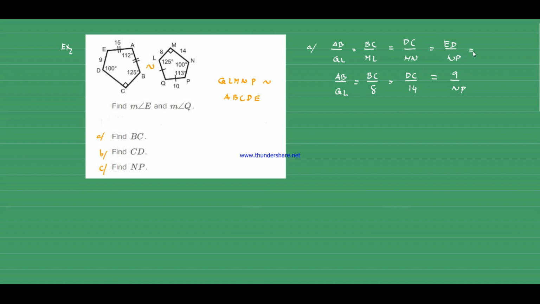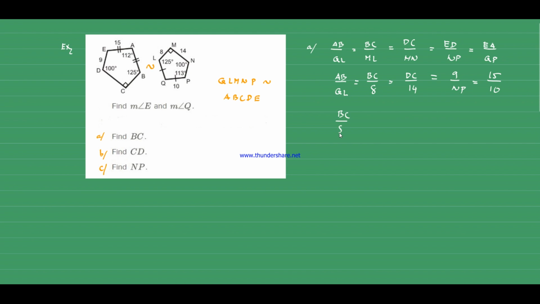Oh, we're missing something. EA and QP. So EA is 15, QP is 10. There you go.